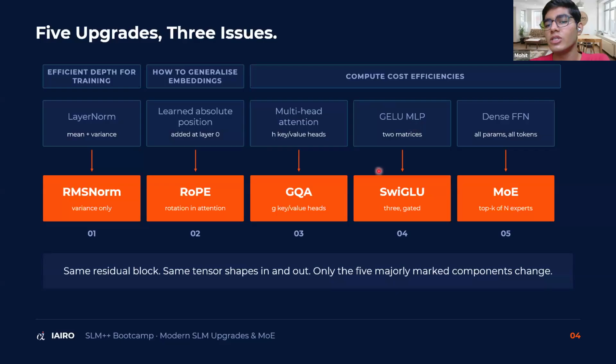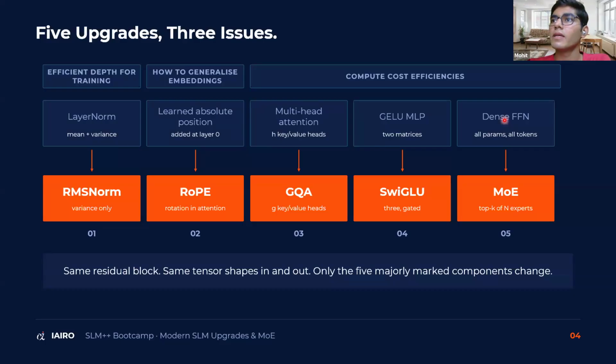Then we had the GLU MLP, which is an activation layer, but it was not very efficient because it used to take a lot of compute, and hence we got the Swish gated linear unit, which in short and sweet terms is called SwiGLU. And the last improvement that we would be discussing is the dense FFN converting into MoE.